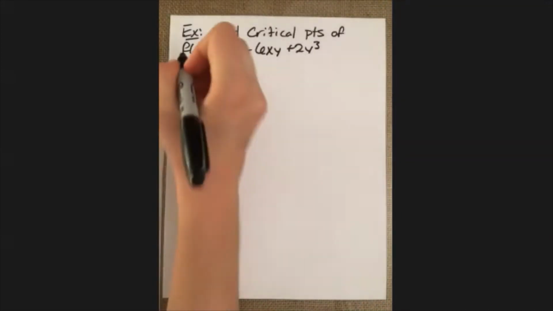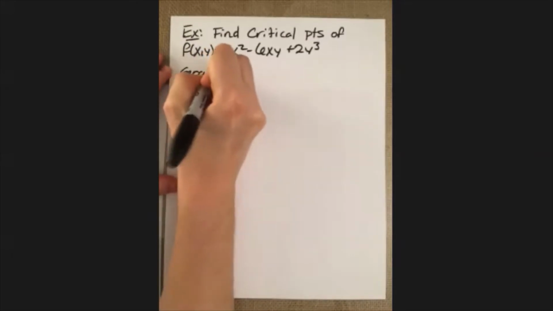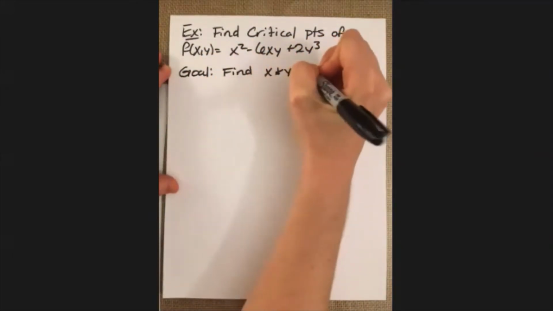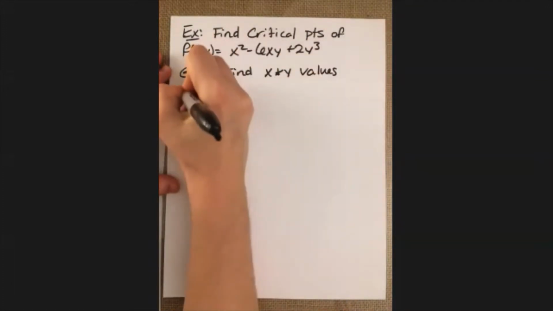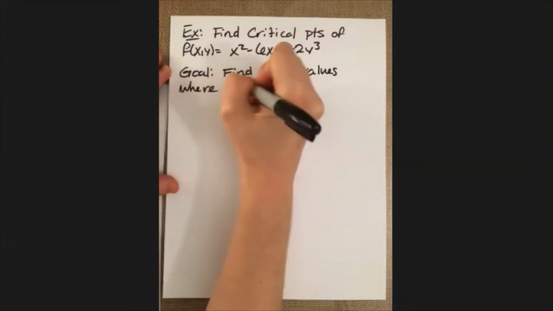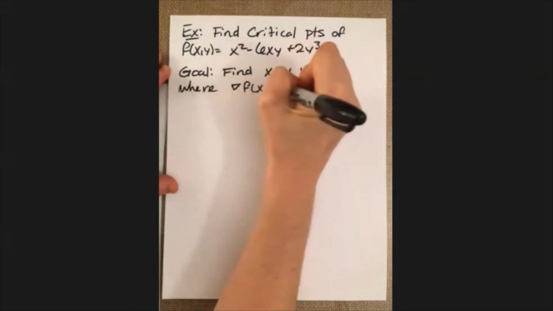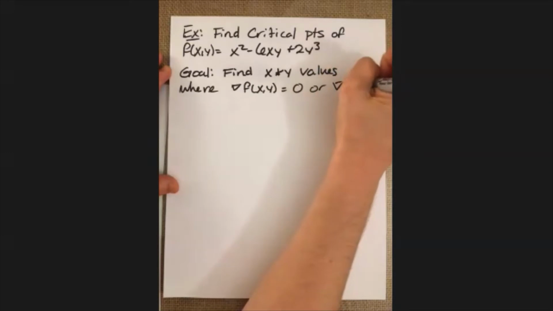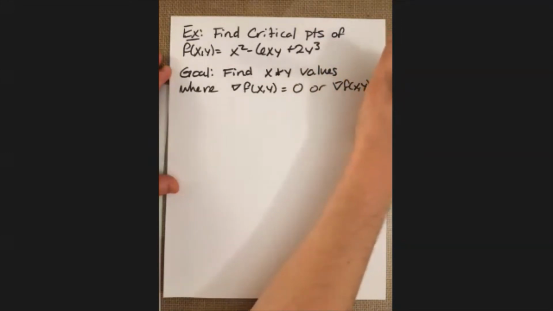So our goal here is to find x and y values where our gradient is equal to 0, or the gradient does not exist.